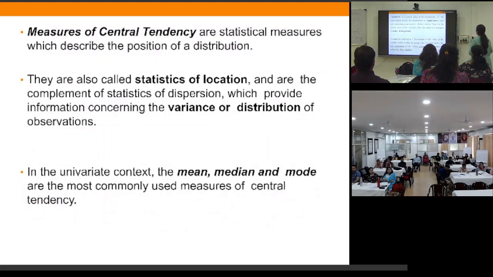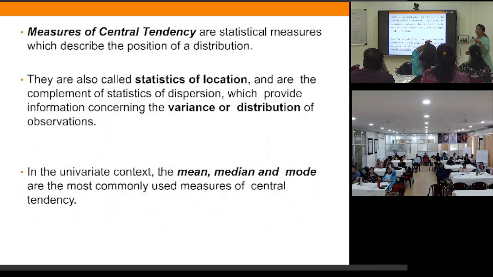Median is the central value of the distribution, or the value which describes the distribution in equal parts, each part containing an equal number of observations. So what you are going to do in the median: arrange it in ascending order or descending order.